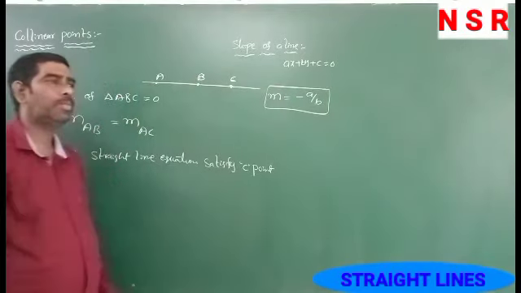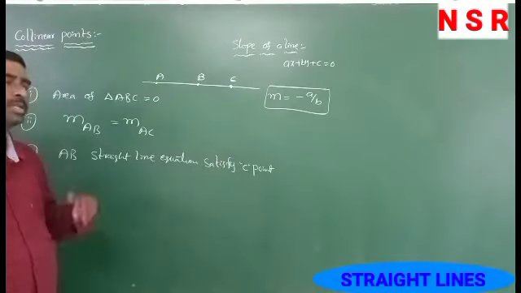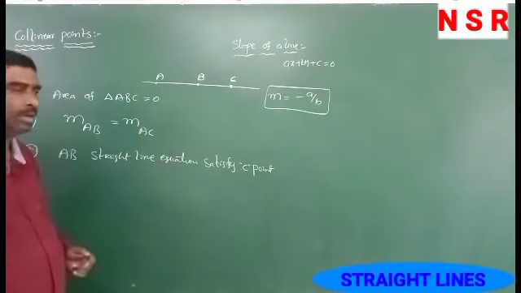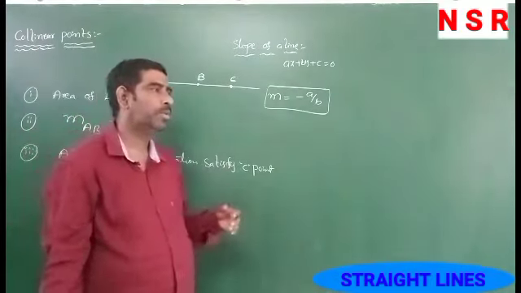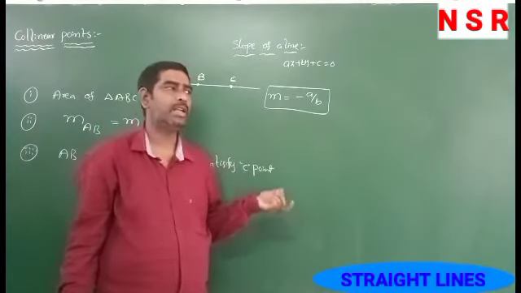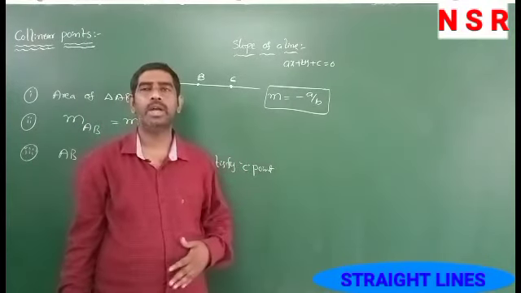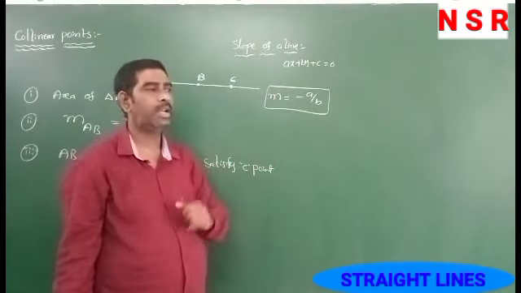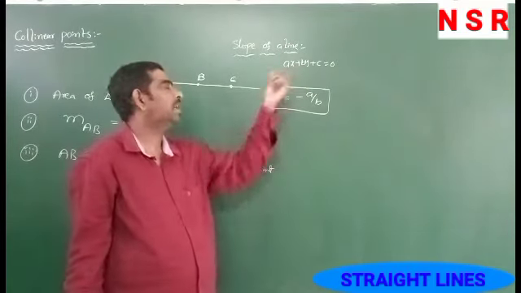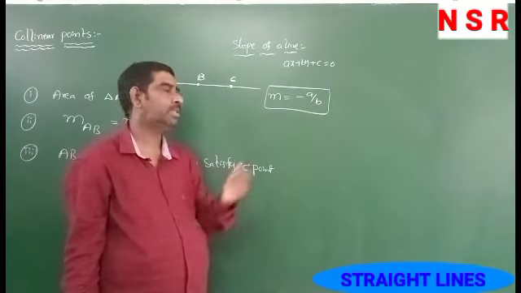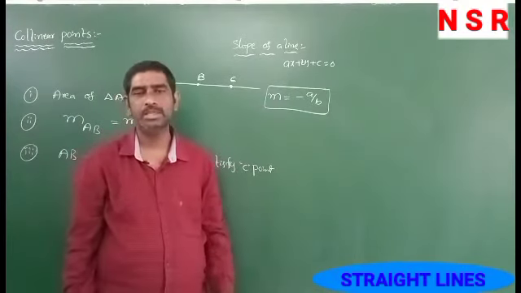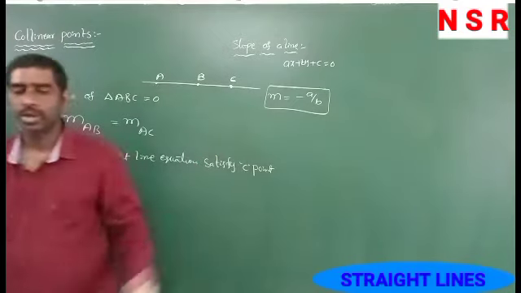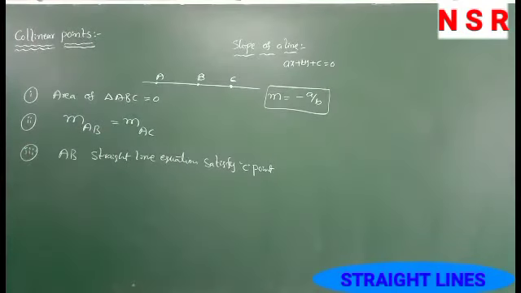Already you know the slope of two points, (y2 minus y1) by (x2 minus x1), and you know the slope from an angle: if we have an angle theta, the slope formula is m equal to tan theta. So the next slope formula is for a straight line in the form ax plus by plus c: the slope is minus a by b. Remember this formula, it is very important.